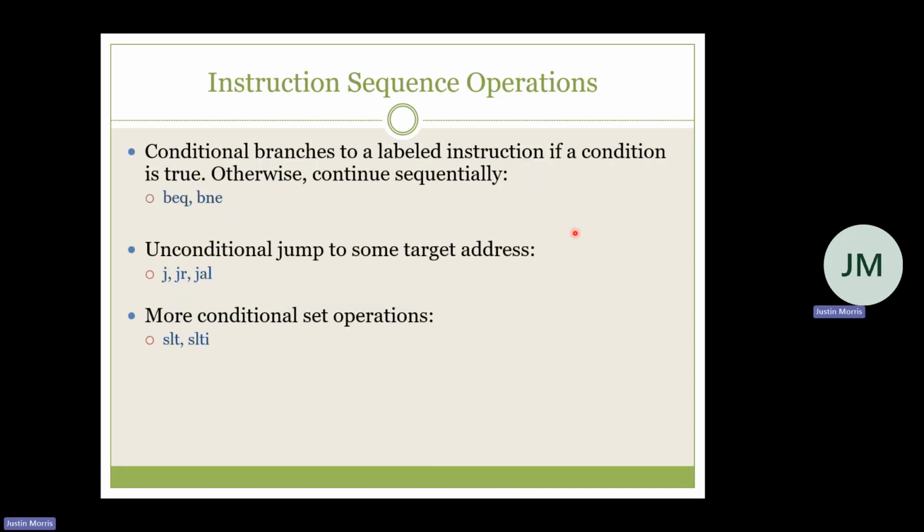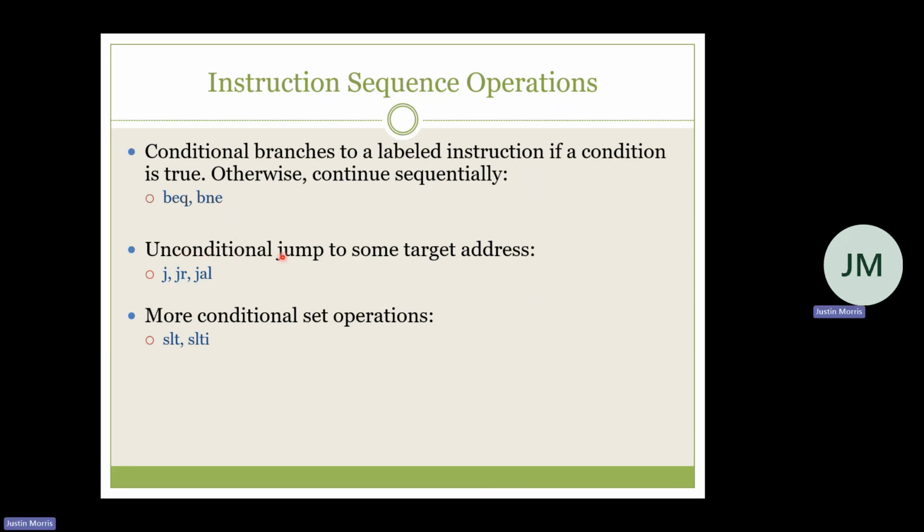All right. So we have instruction sequence operations. We can do conditional branching. So if a condition is true, which it would be branch equal, or well, I guess that it's both if they're true, but if 2 registers are equal, we can do branch equal, or if 2 registers are not equal, we can do branch not equal.